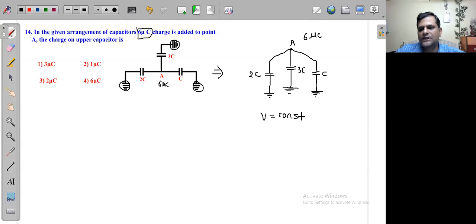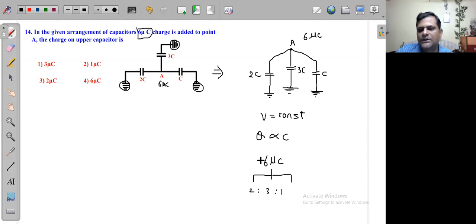Parallel combination में क्या होता है, potential difference in each of the capacitors is going to be constant, and since V is constant, we can say that this Q is just proportional to C. The charge will just get divided in proportion to the capacities. That means here the charge of 6 microcoulomb is getting divided in 3 parts whose ratio is going to be 2:3:1, correct?